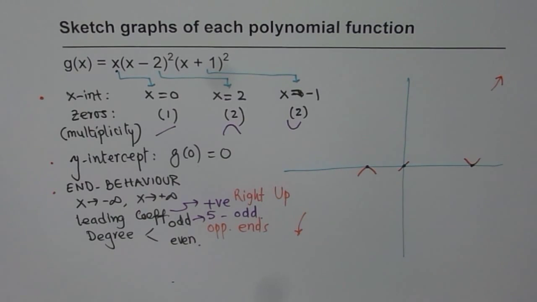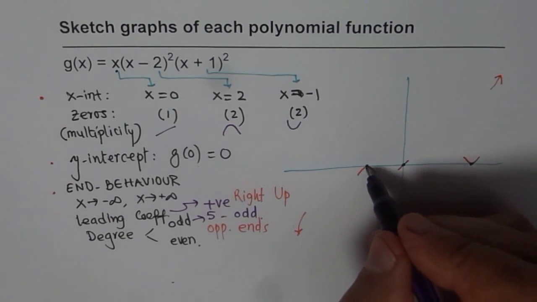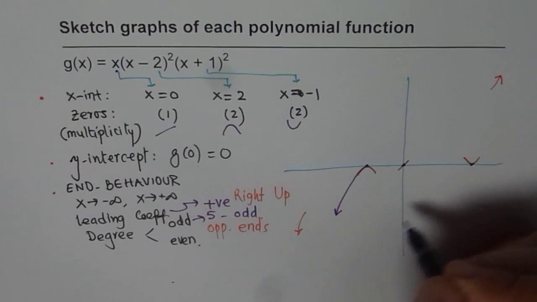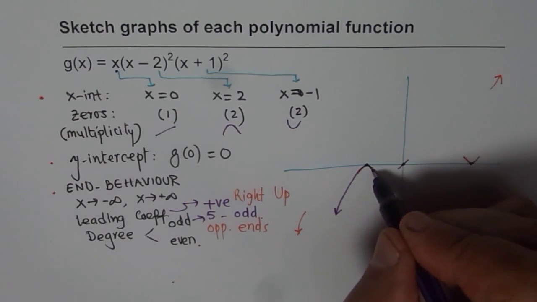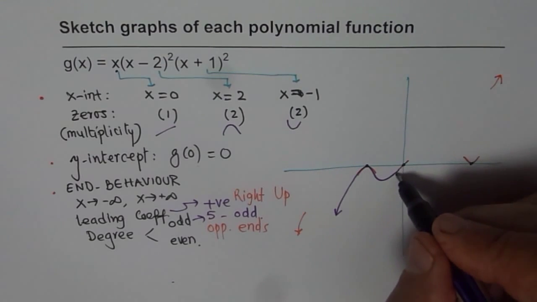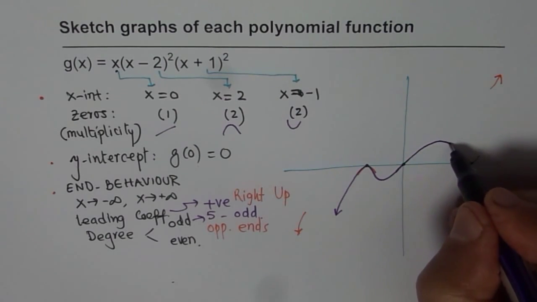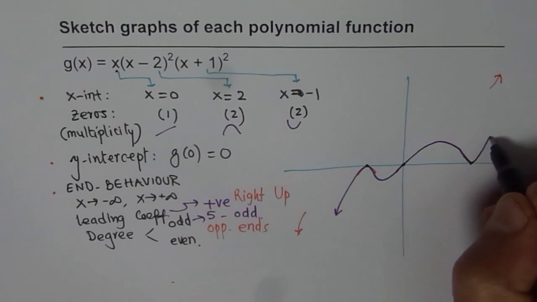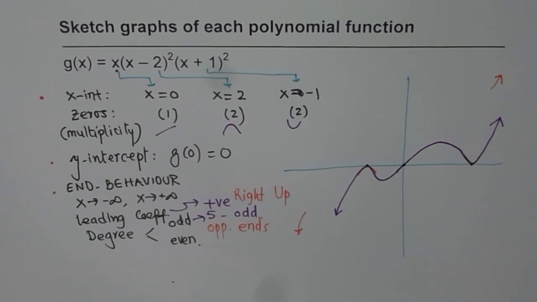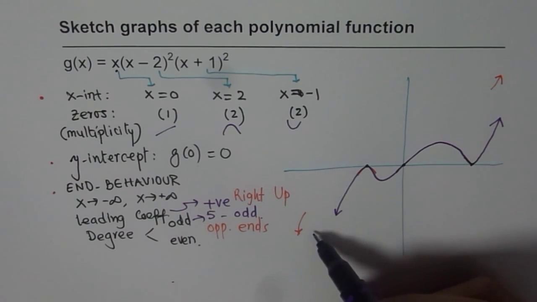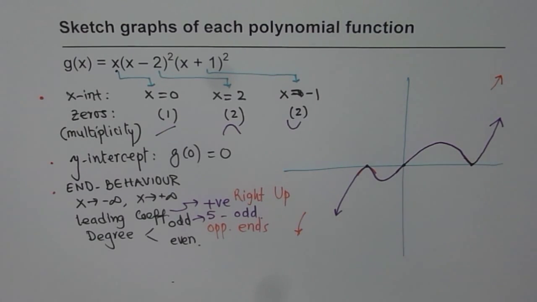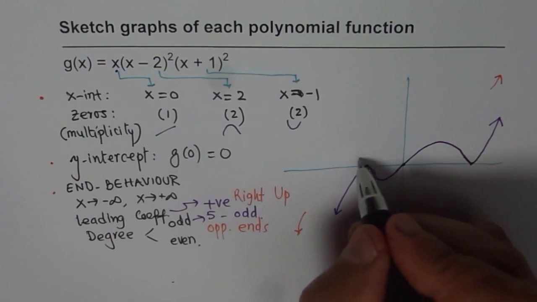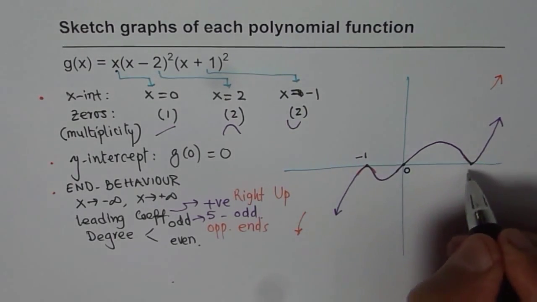Now, connecting these points with a smooth curve represents the polynomial. We can graph it like this. You see how we have connected it: this goes down, then goes up. The behavior moves from quadrant 3 to quadrant 1, going through the zeros at -1, 0 and +2.